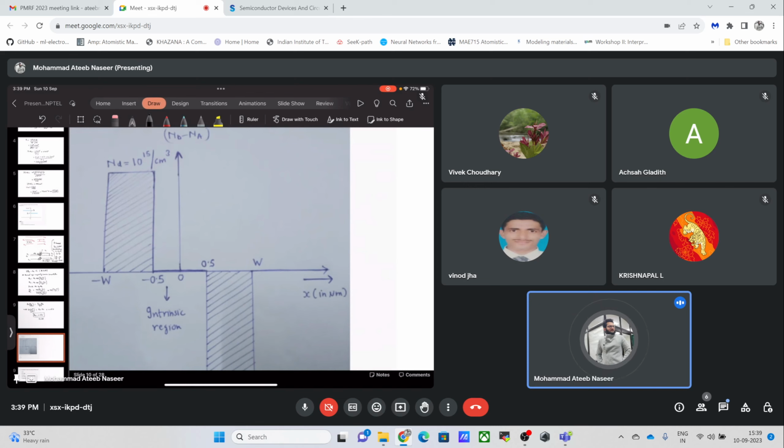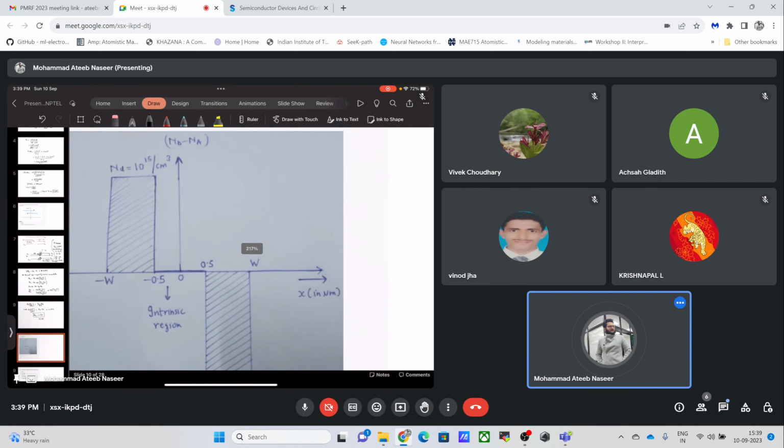Let me ask you people, which side is doped with the donor atoms and which side is doped with the acceptor atoms? In other words, which side will be p, which side will be n, and which side will be intrinsic? So I want you people to answer this.